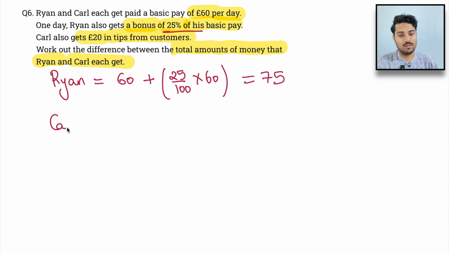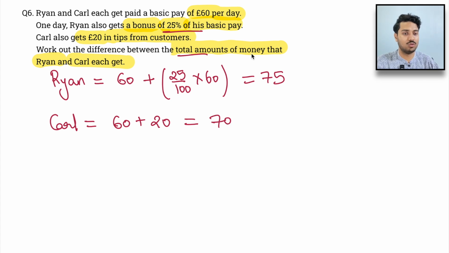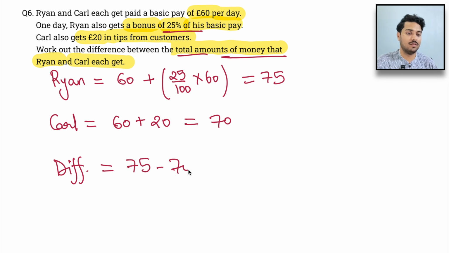And Carl is getting 60 plus additional 20, that is 70 pounds. Let's just work out the difference between the total amount of money that Ryan and Carl get. So the difference is 75 minus 70, that's 5 pounds, and that's the answer.